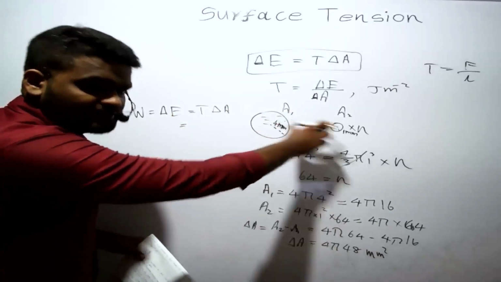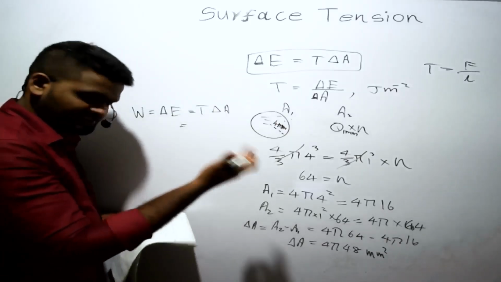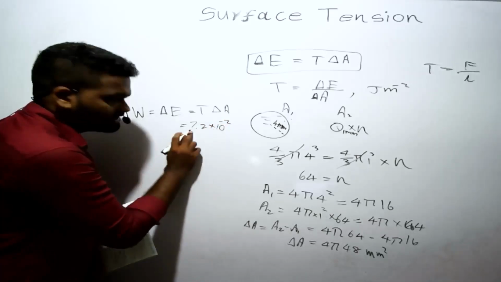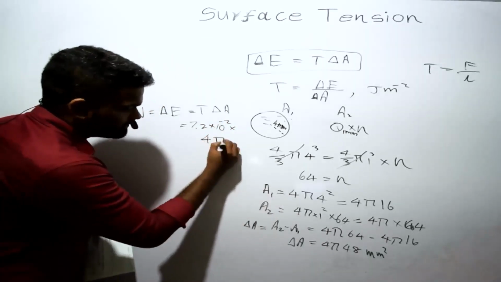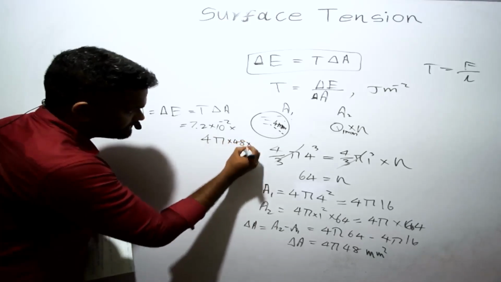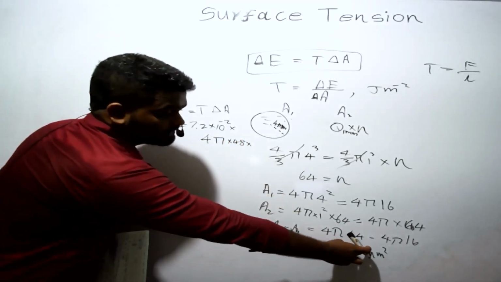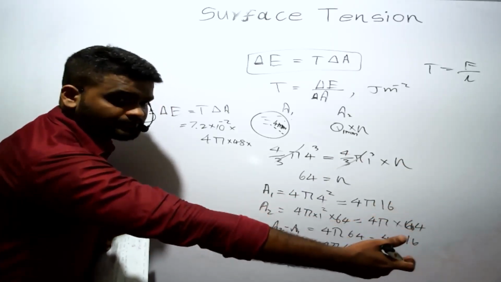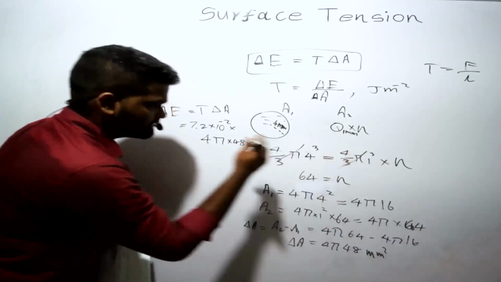Why? Liquid drops. Okay, so what is the surface area? This is water, right? Surface area, we'll keep this value, 4 pi times 48. You have to convert this into meters. If you want to find this in joules, multiply by 10 to the power minus 3 squared, 10 to the power minus 6.